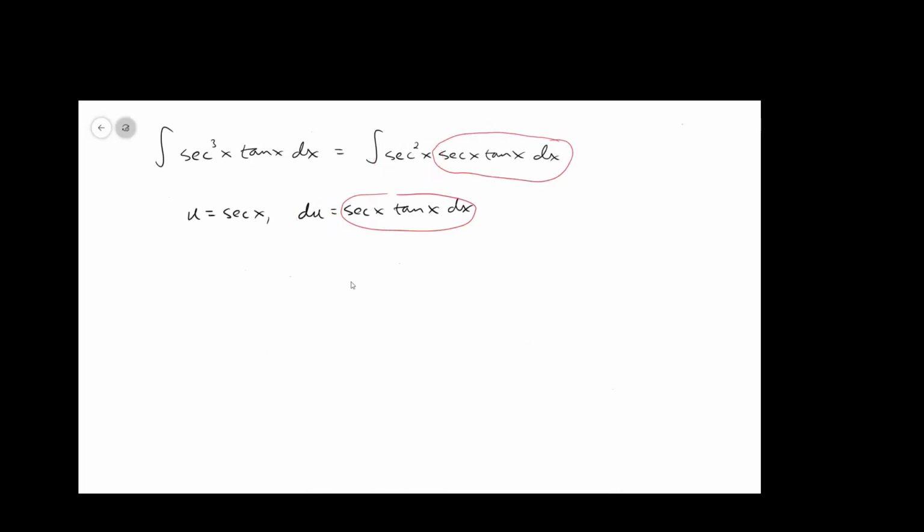So you can see this simply becomes u squared, and the rest of it is just a du. And that's pretty simple, just power rule. Oops, what am I doing? Cubed there. So that's 1/3 secant cubed.